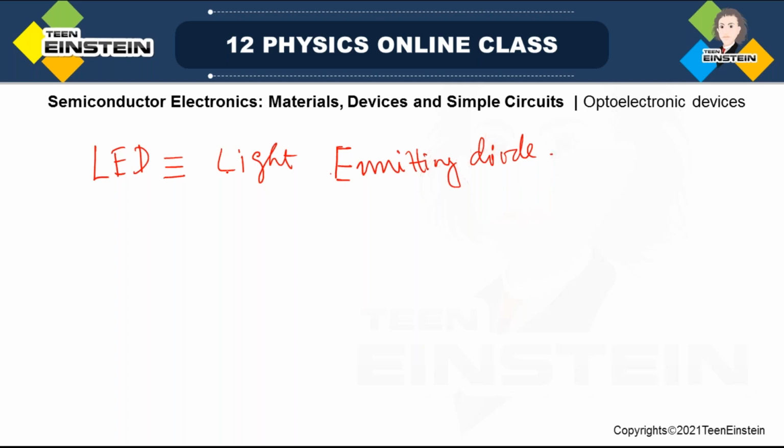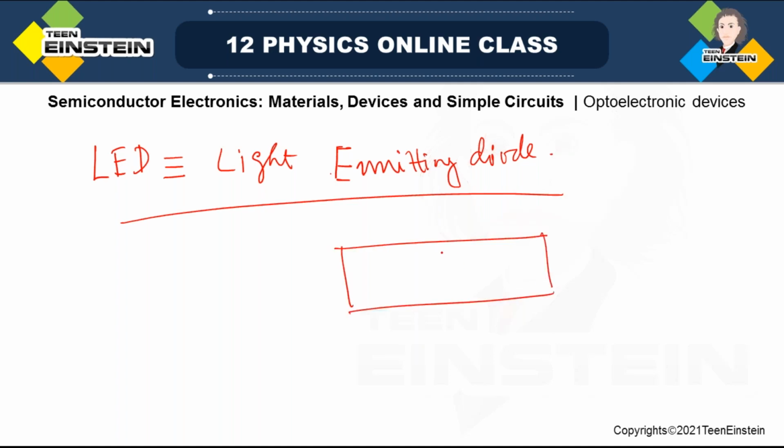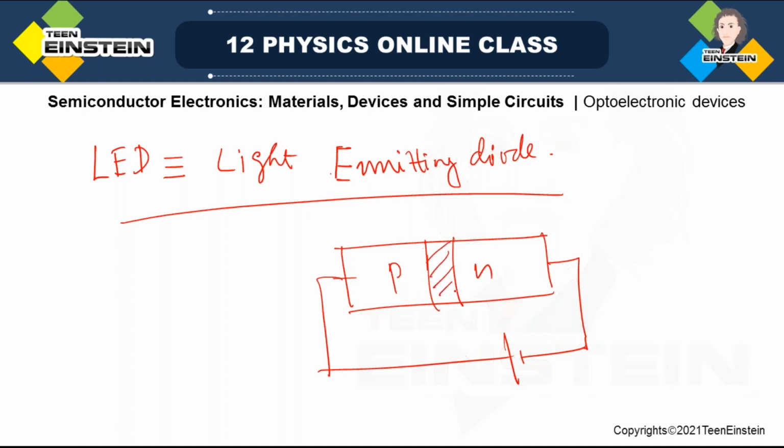It is exactly the opposite of a photodiode. See, I have a PN junction, this side P, this is N. It is always operated in forward bias condition. That means this is positive, this is negative. This is the depletion region.